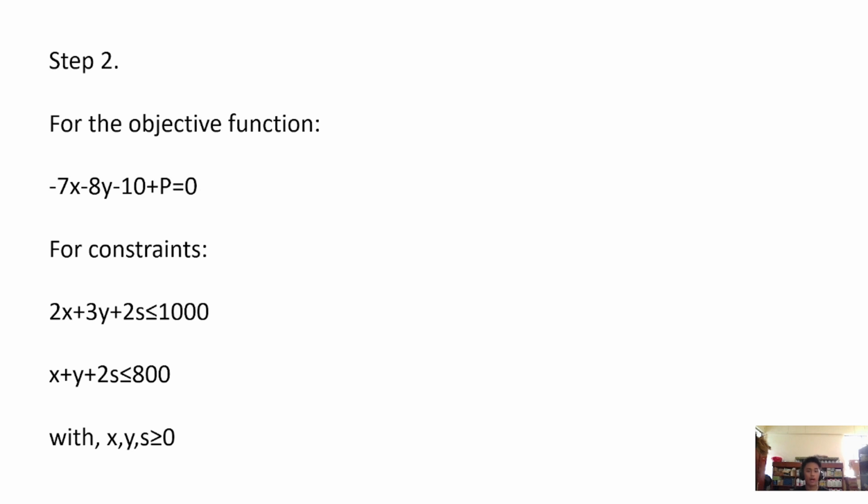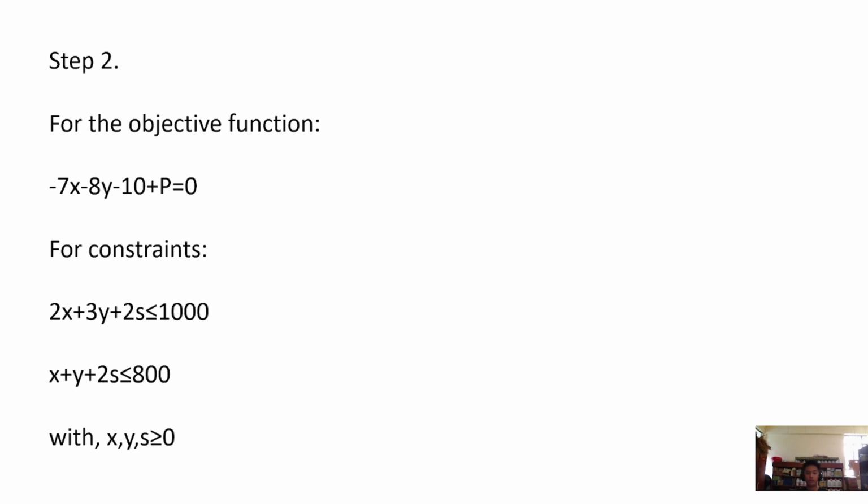So step 2: we convert our inequalities into equations. For the objective function, negative 7x minus 8y minus 10s plus P equals 0.